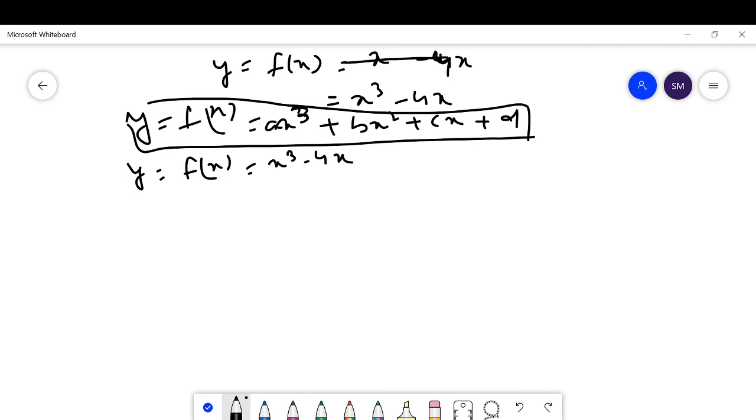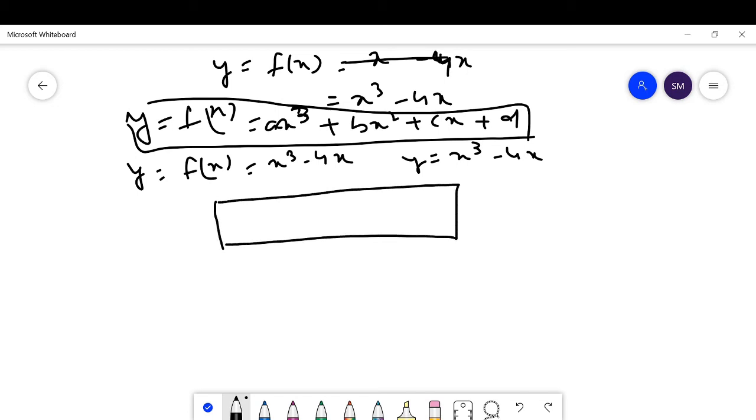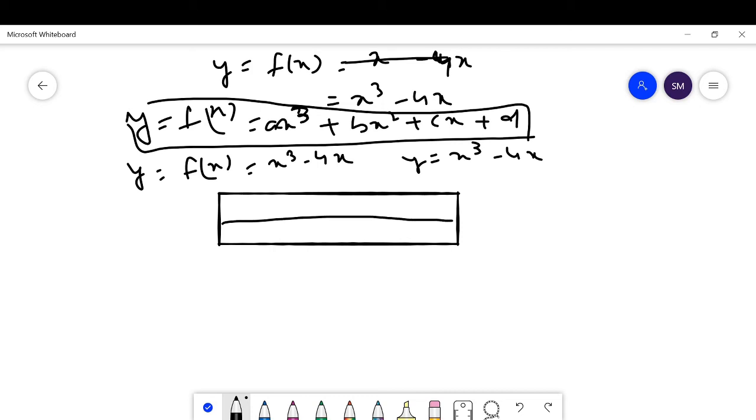Here y equal to x cube minus 4x. For every value of x, we have to find out the value of y. Look at here, this is x, this is y. When we take x equal to minus 4, we get y equal to minus 48. When we take x equal to minus 3, we get y equal to minus 15.